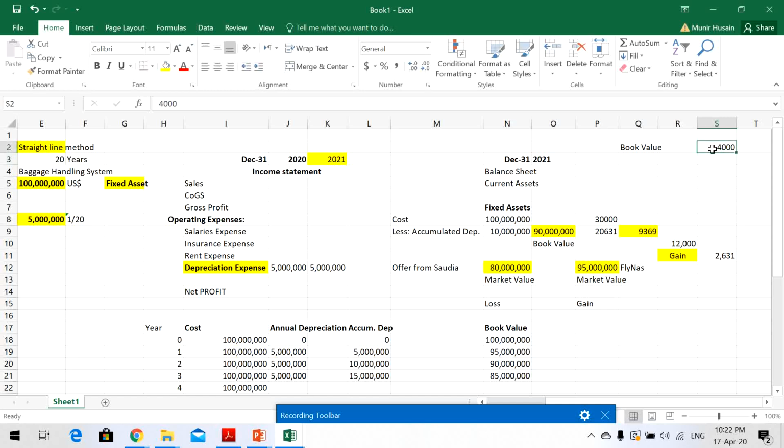So this is the value. If you can sell it to someone outside, this is what you are going to get.